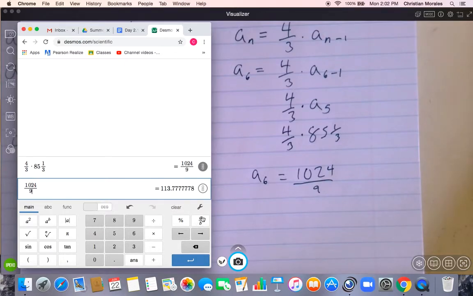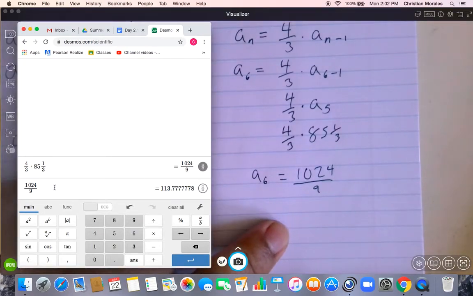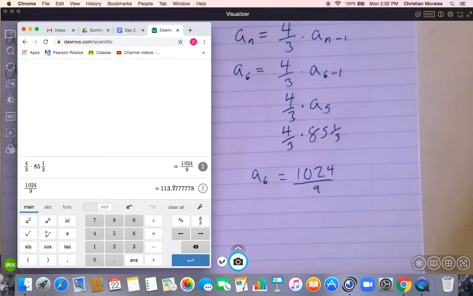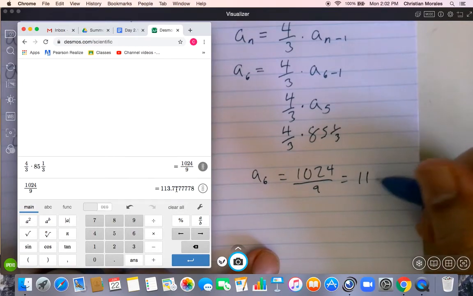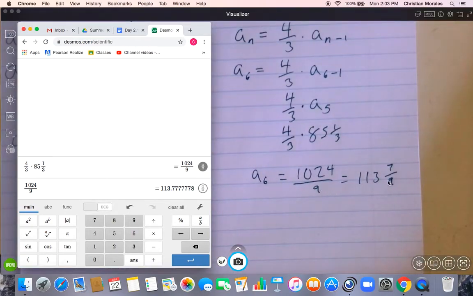Will it give it to me as a fraction? Nope, keeps it like that. You can leave it like this. I would say 113 and the fraction here, which is probably 7/9. 113 and 7/9. But this calculator doesn't tell you that. Well, there's one limitation right there.